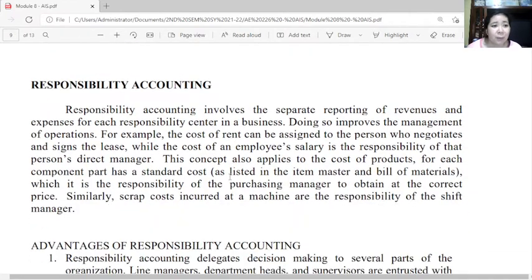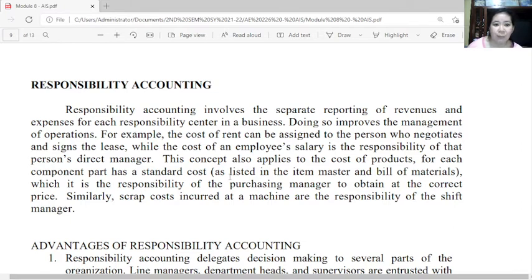So we go now to responsibility accounting. We've mentioned responsibility accounting as an important area of consideration, because here the financial reporting system and management reporting system will be drawing out the data or input in processing the financial transactions for reporting purposes.